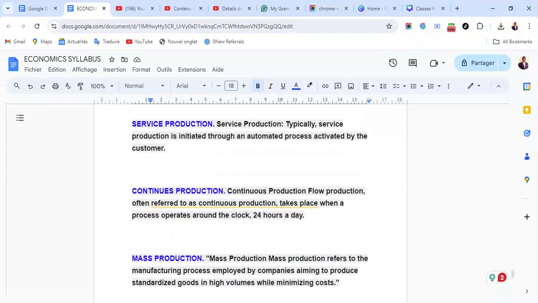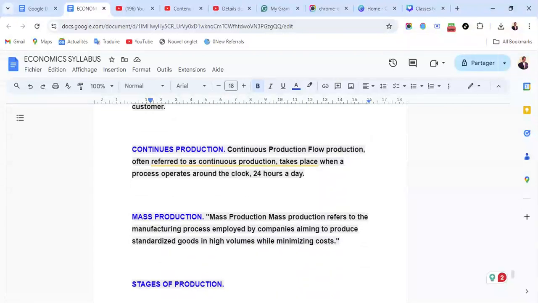The other type of production is continuous production. Continuous production, also known as flow production, takes place when a process operates around the clock, 24 hours a day. So continuous production is when there is a continuous production of goods, right, in the day with non-stop 24 hours.